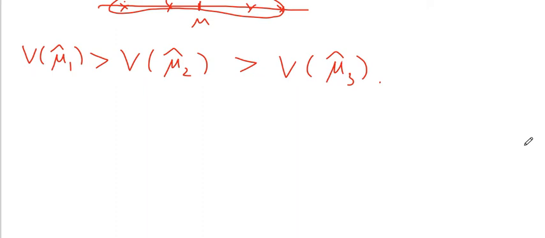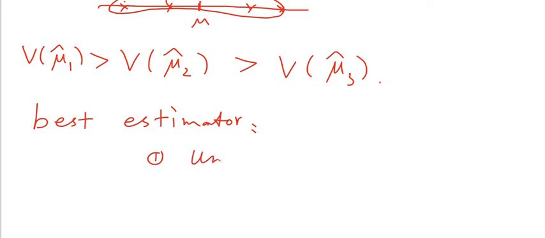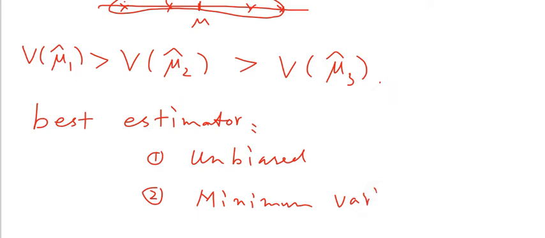So we can define a best estimate. The first requirement is that it is unbiased, right? And the second one is minimum variance: the variance is the smallest among all unbiased estimators.